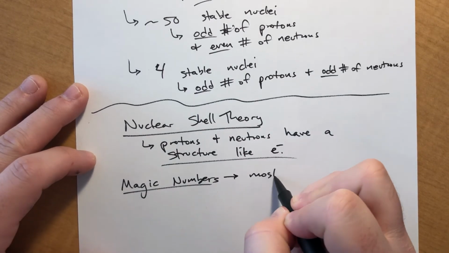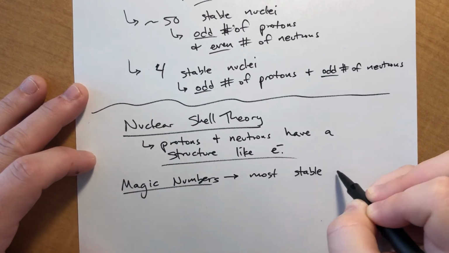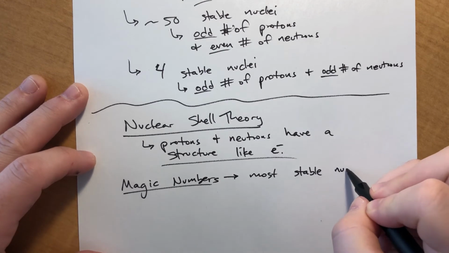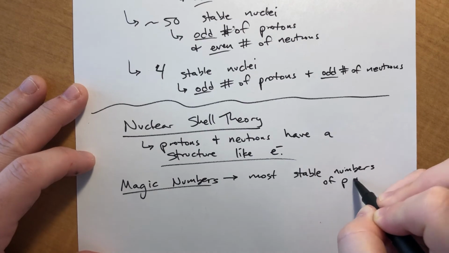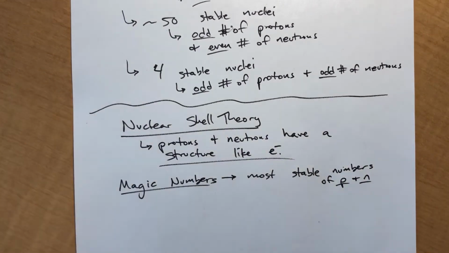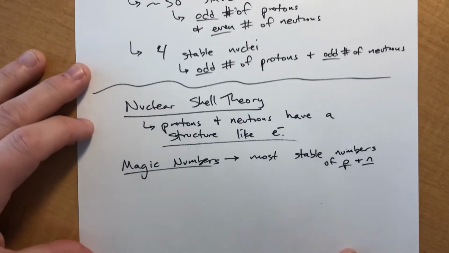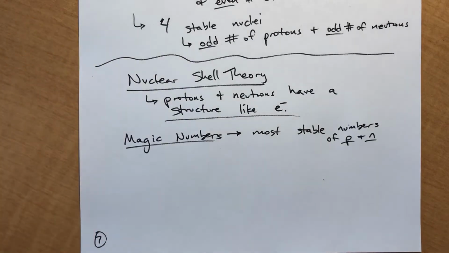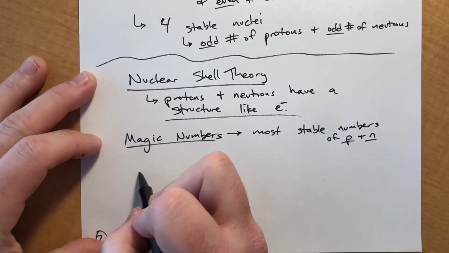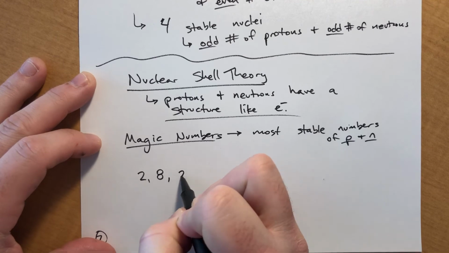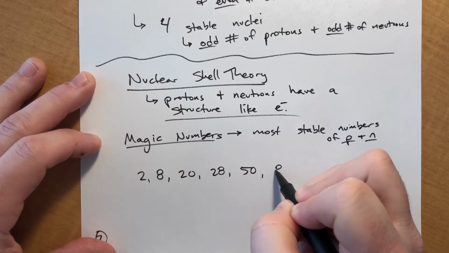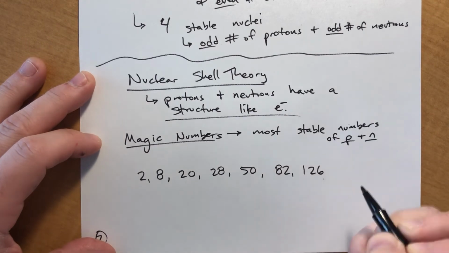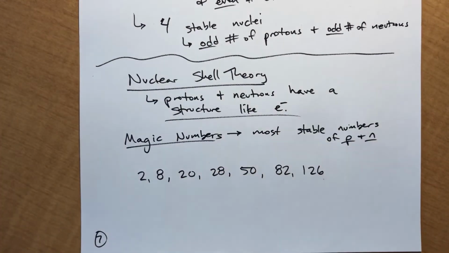These are the most stable options for numbers of protons and neutrons. So P and N for protons and neutrons. Okay, I do not need you to memorize these set of numbers. I'm just kind of pointing out a few things here. So it turns out that having 2, 8, 20, 28, 50, 82, and 126 are the best options available for either of those numbers.